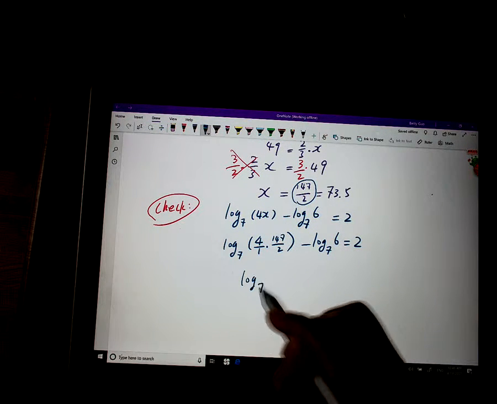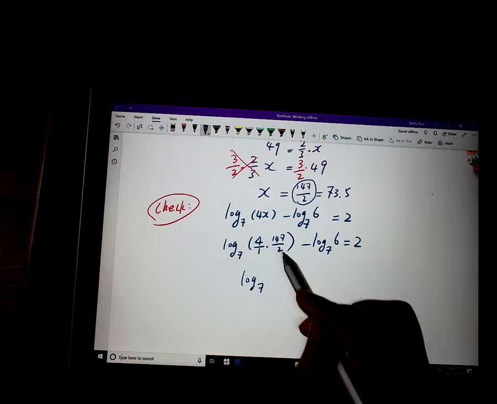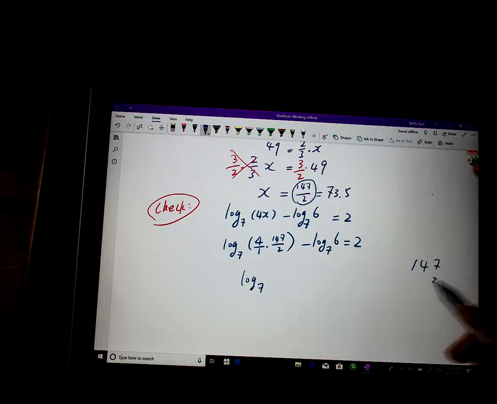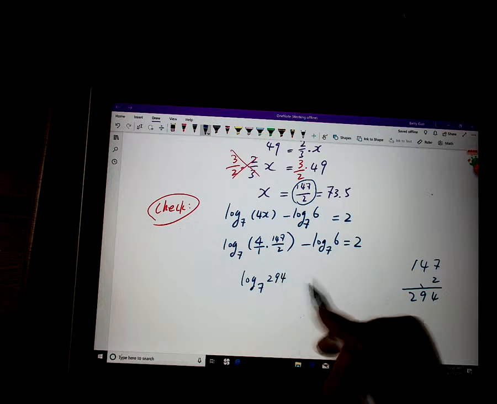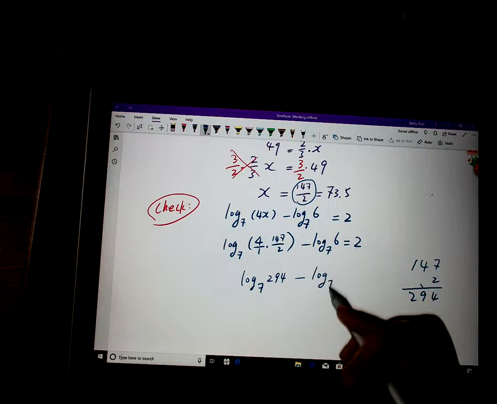Log with base 7. 4 and 2 cancel out with the GCF 2, then we have 2 on the top. 147 times 2 gives us 294, right? 294 minus log with base 7 of 6 equals 2.